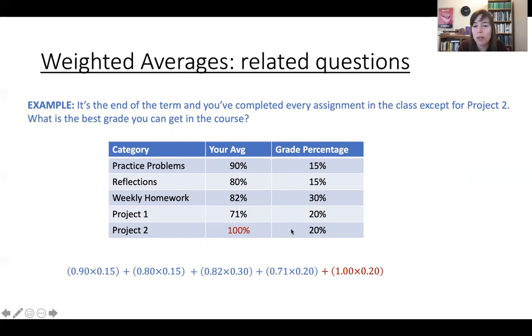And now we're assuming you have 100% of that final 20%, which, converting 100% to a decimal, is just 1. So it's 1 times that 0.20. Add it all up, convert it to a percent, and so I guess if you started out here, the best you could do in the class would be to actually get a B.